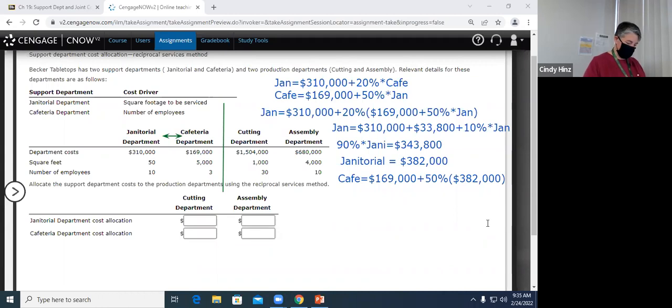Half of the janitorial is 191 plus the 169,000 in direct costs. The cafeteria is $360,000. Okay. Everybody okay up to this point? Okay.